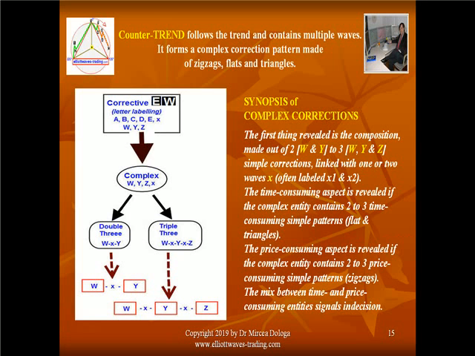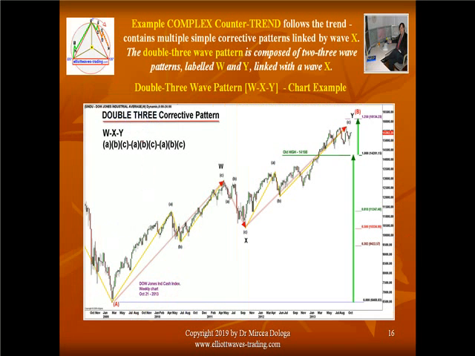The time-consuming aspect is revealed if the complex entity contains 2 to 3 time-consuming simple patterns, flats or triangles. The price-consuming aspect is revealed if the complex entity contains 2 to 3 price-consuming simple patterns, which are the zigzag. The mix between time and price-consuming entities signals the indecision.